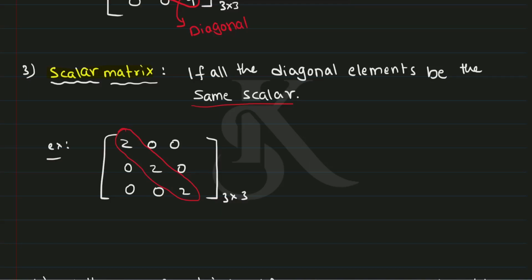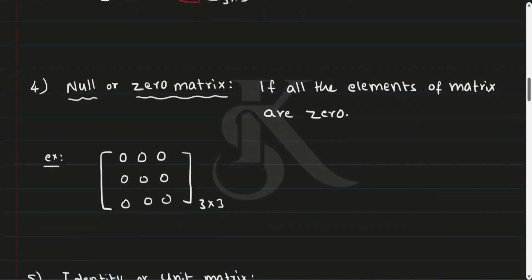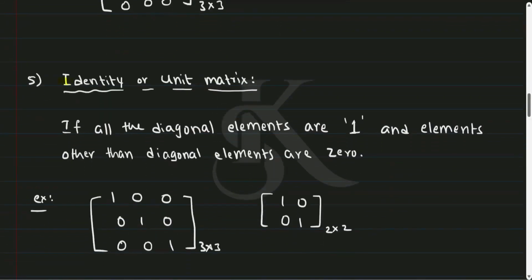Null or 0 matrix: every element of the matrix is 0. Identity or unit matrix: all the diagonal elements are 1 and other elements other than the diagonal elements are 0.